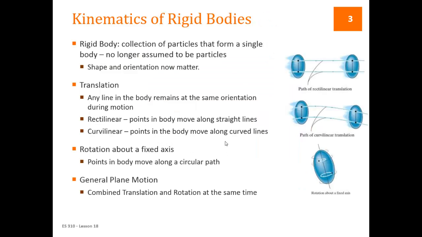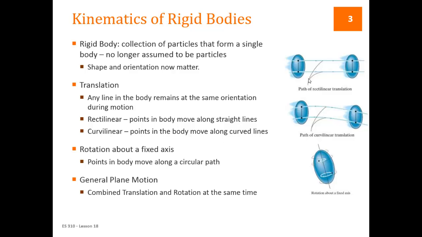So, for the kinematics of rigid bodies, first of all, we need to define rigid bodies. A rigid body is a collection of particles that form a single body. We can no longer assume things are particles because the shape and orientation now matter, since they're rotating in some way. So there are two different types of motion for rigid bodies. There's translation, which is what we've been looking at for particles.